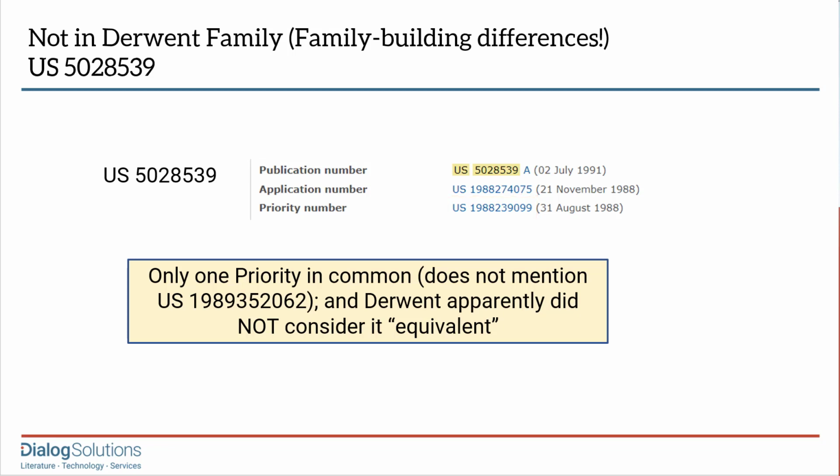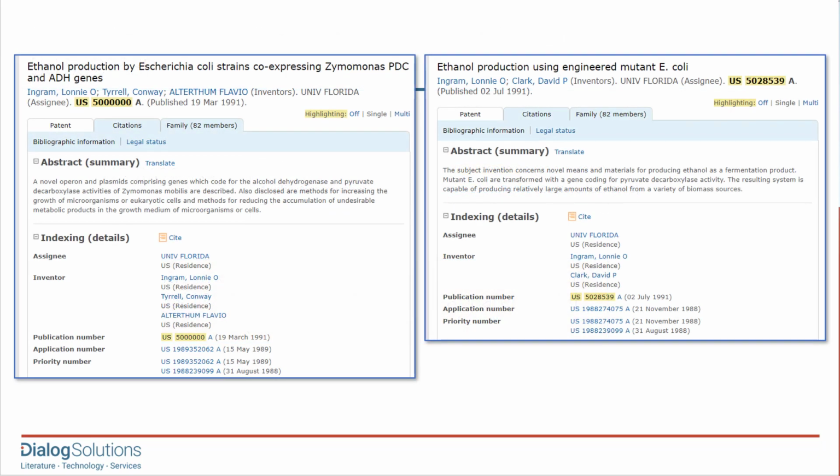So when Derwent looked at them, the specialist at Derwent decided that they're not alike enough to be in the same family. So Derwent split off US 5028539 into its own family with a different abstract. But in US Patents Fulltext, the shared priority was enough to put these 2 patents in the same family.